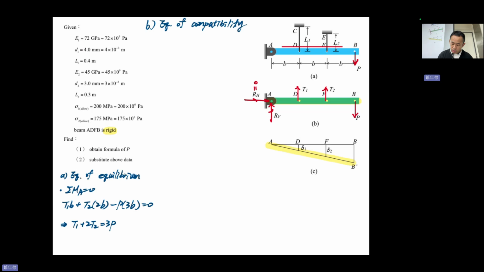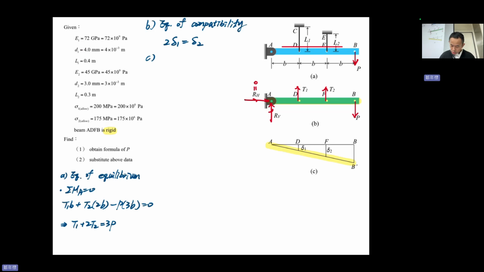It's relatively easy. 2 delta 1 equal to delta 2, because AD and DF, the lengths are all B. So 2 delta 1 equal to delta 2.